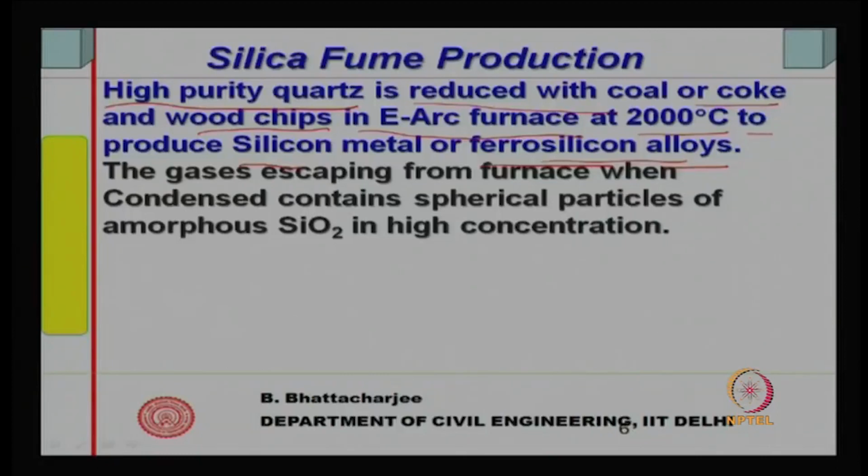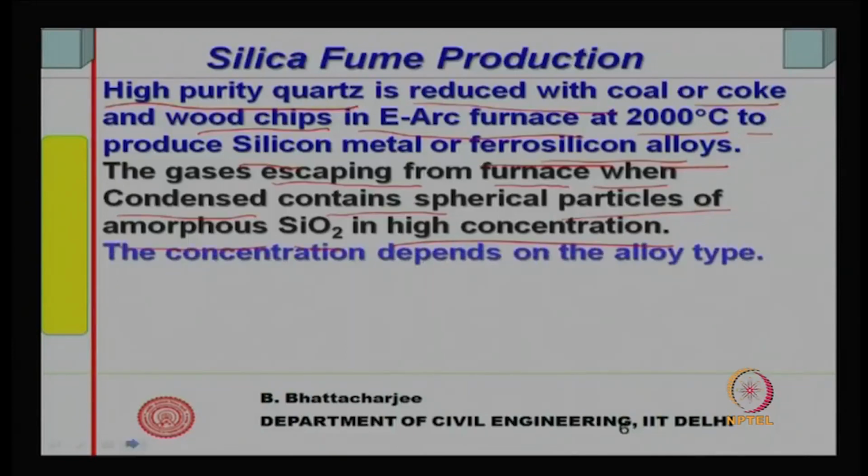So, whichever industry uses silicon and ferrosilicon in their production, essentially quartz, that is SiO2, is reduced to Si, using carbon or coke or coal or whatever it is, in an electric arc furnace. Now, in this process some gases escape, and these gases escaping from the furnace, when condensed, contain spherical particles of amorphous SiO2 in very high concentration, and this concentration of course depends upon the alloy type.